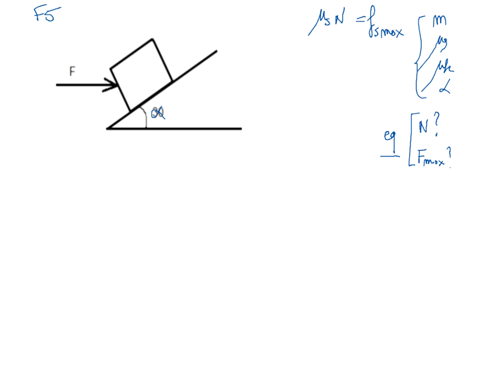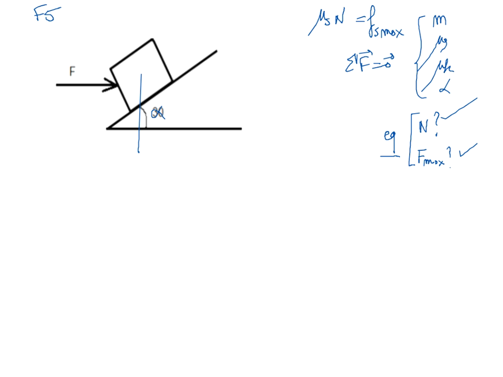Newton's first, second, or third? First, excellent. So let's apply Newton's first law. Now that we know for sure we can use Fs max and sum of forces equal to 0, we're looking for 2 unknowns and an F max. It's a 2D problem, therefore we're going to pick up 2 equations. Life should be easy.